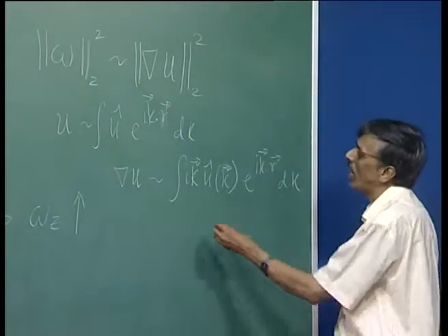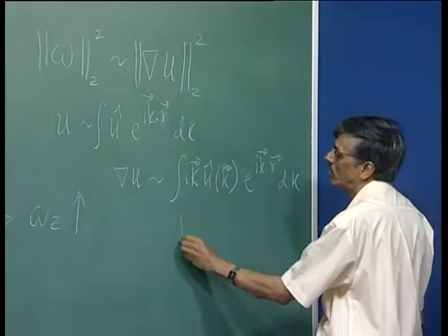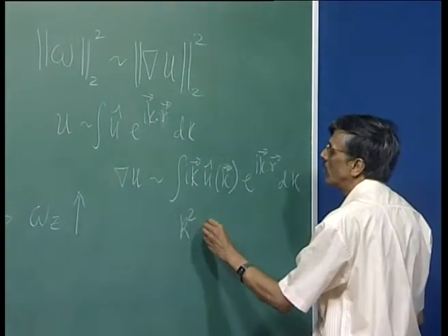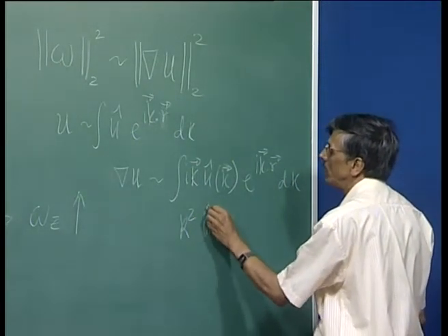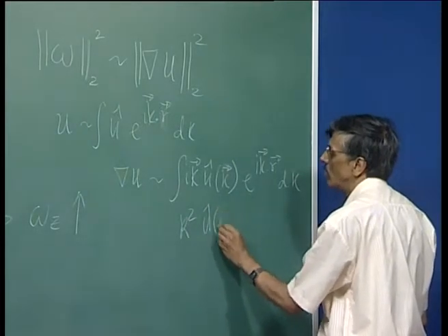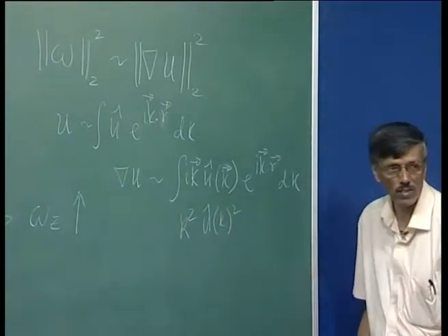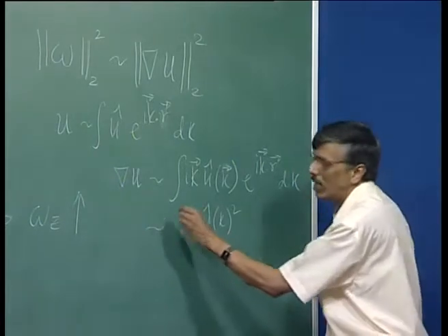Now, if I square it up, I can see that this is going to be like k squared times this. So, this goes like this, right.